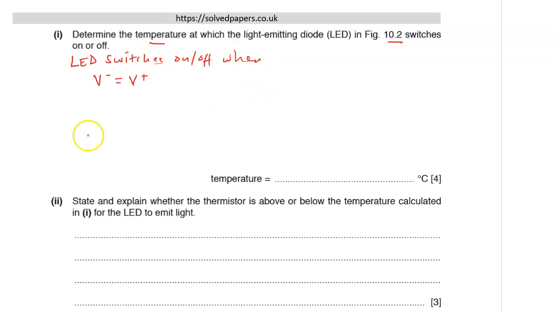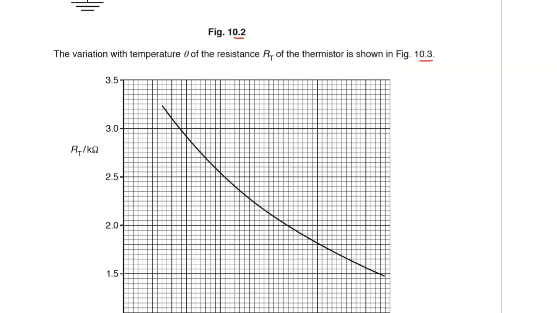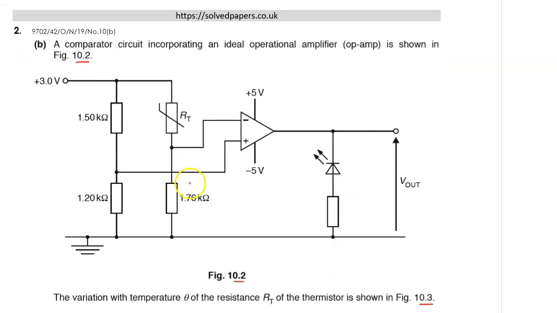All right, so V minus is basically equal to, you have to find that from the equation. V minus, this one here. So this is a 3, and then of course we have this voltage here. So you use the potential divider formula.